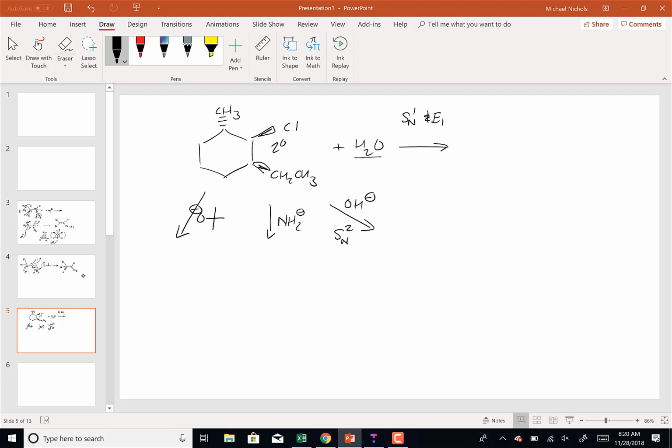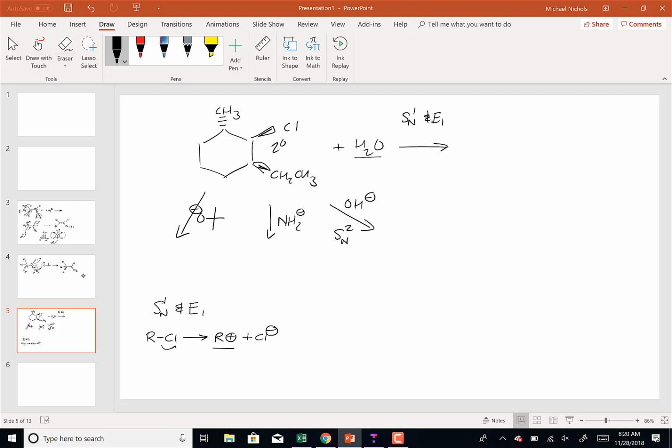So SN1 and E1 share the same first step, right? Yeah, that's a question that people have asked. So SN1 and E1 go together. The reason they go together is because the first step of the mechanism is the same. You break the carbon-chlorine bond to make the carbocation.